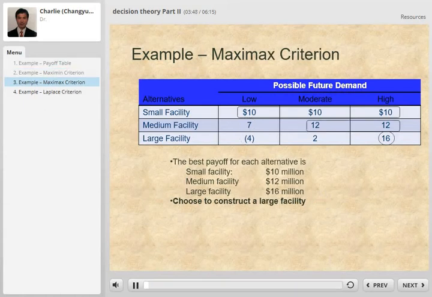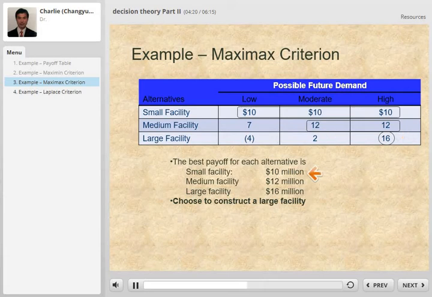We can also hope for the best, so we shoot at the best. Now, what's the best scenario if we have a small facility? It's the same for all three cases, so it's $10 million. Now, what's the best scenario for medium facility? Medium facility, the highest possible payoff is $12 million. The best scenario for a large facility is $16 million. Now we write them down.